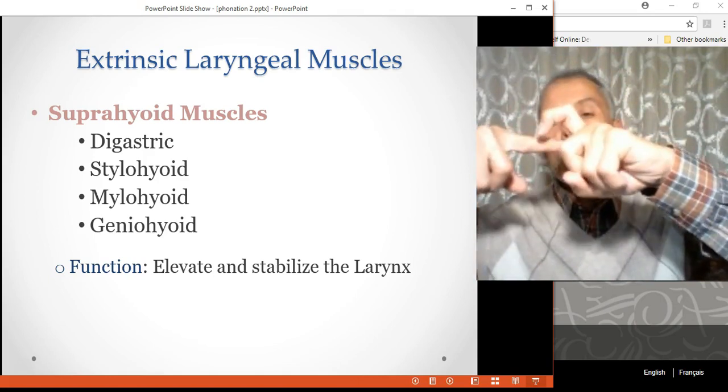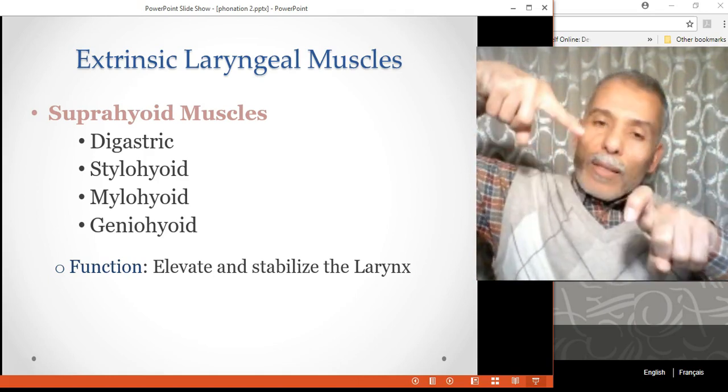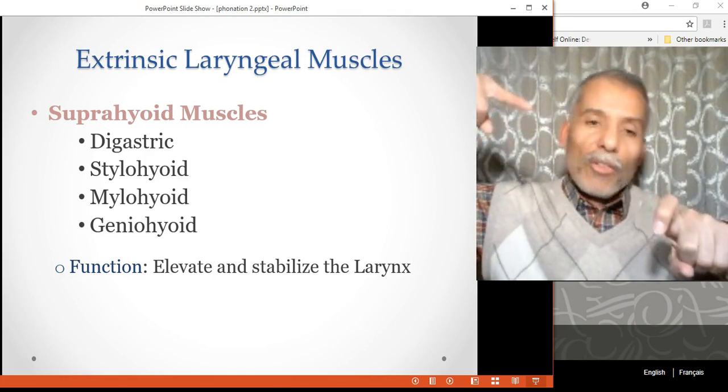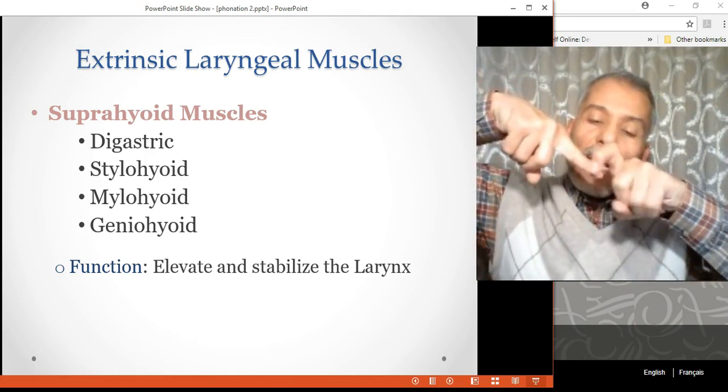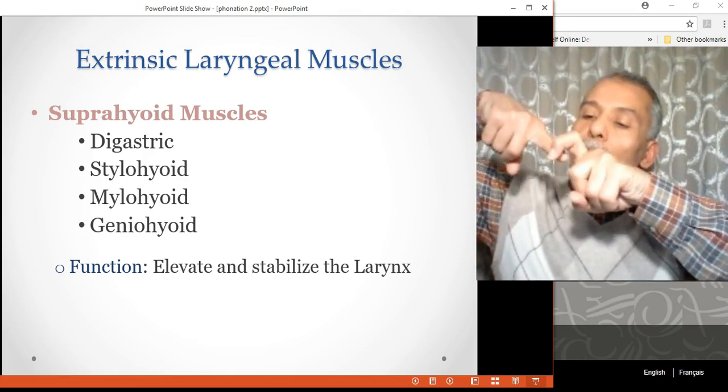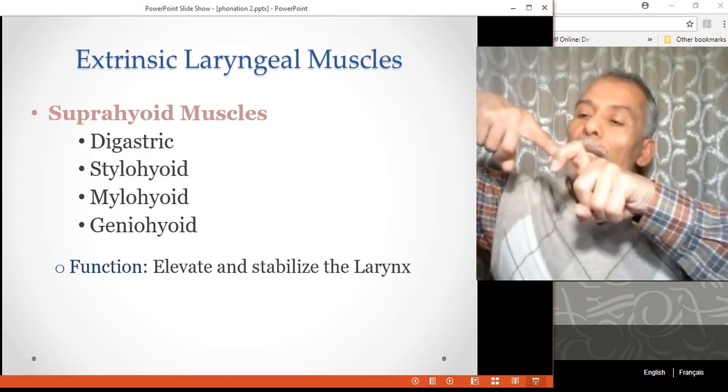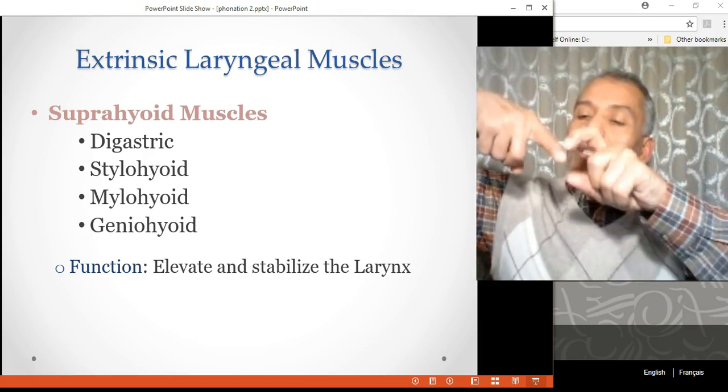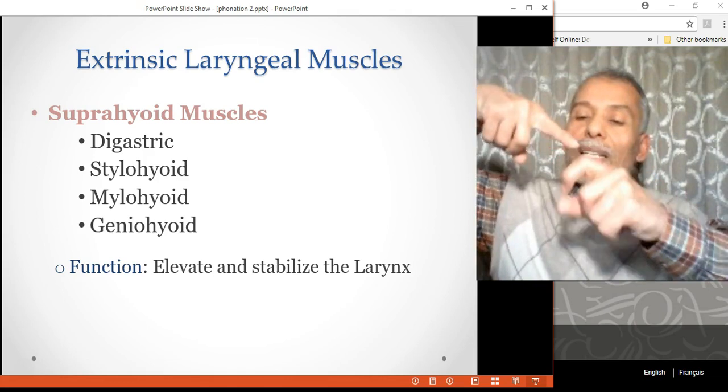As the anterior belly approaches that little ligament, it goes underneath it, but it changes into a tendon itself.